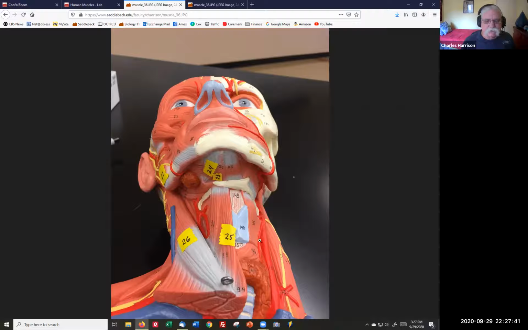If you had both of them present, you would use them to bring your head down. If you work just one of them, you could just tilt your head to one side or the other. These two, the right and left one, can work synergistically to lower the head or antagonistically, one tilting to the right and one tilting to the left.